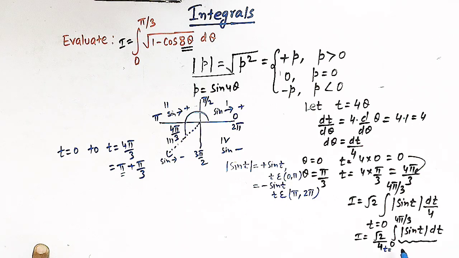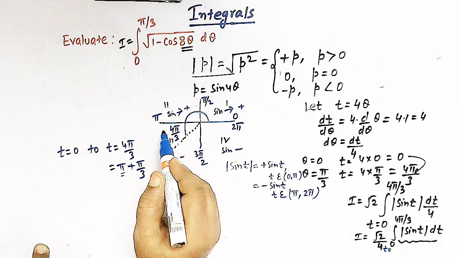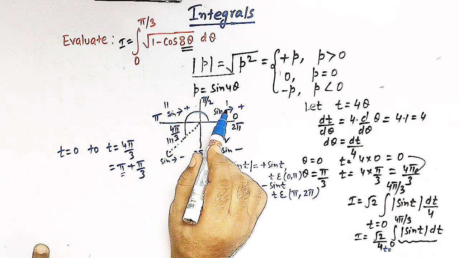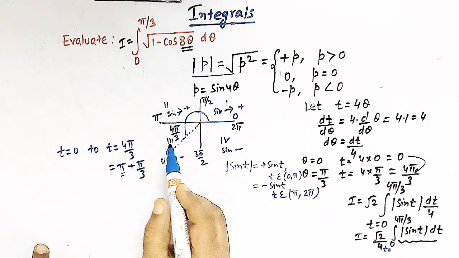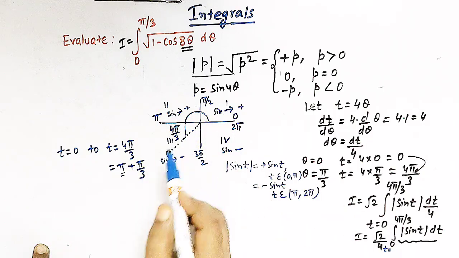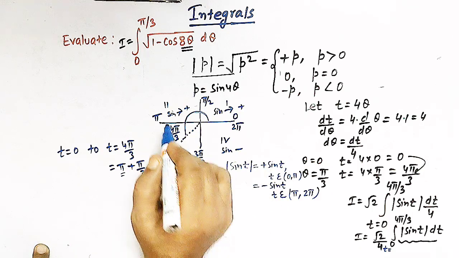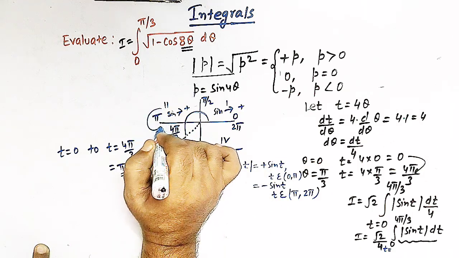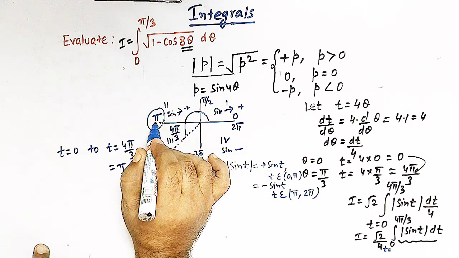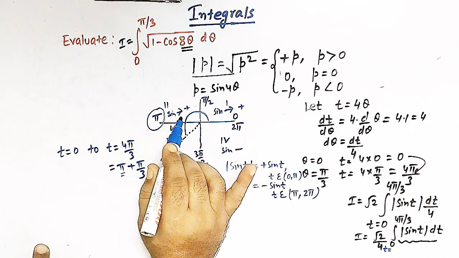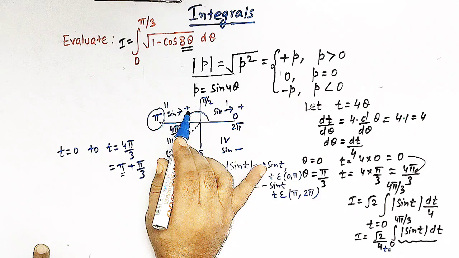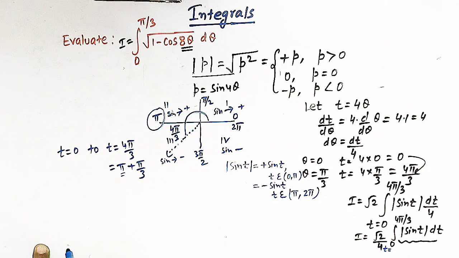So when we go from 0 to 4 pi by 3, it means in the first and second quadrant the sine function is positive, and in the third quadrant the sine function is negative. So we have to split the limit at this point pi, because here the sine function is changing sign from positive to negative, right?